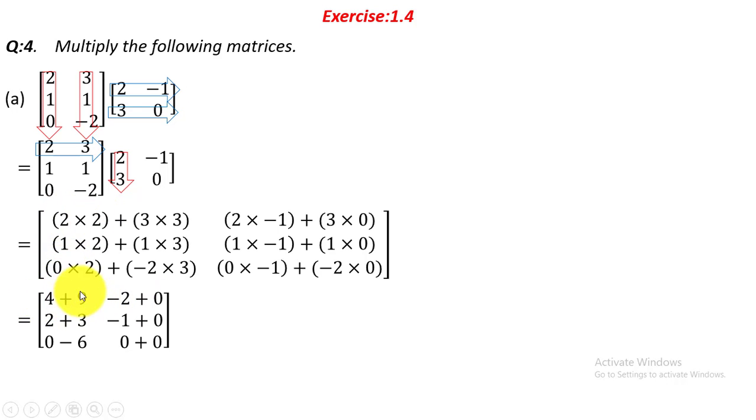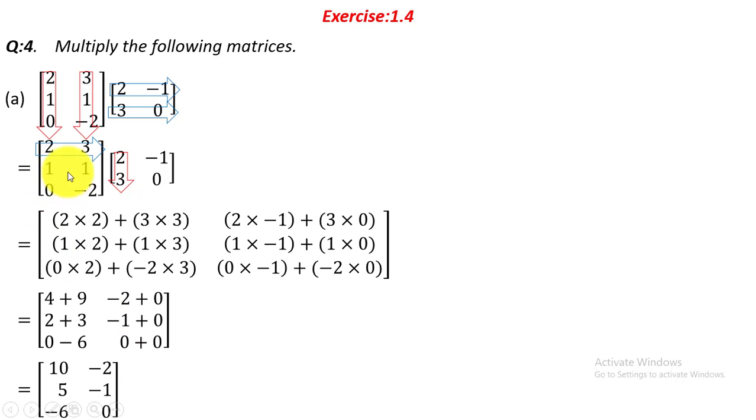2 times 2 is equal to 4 plus 3 times 3 is equal to 9. 2 times -1 is equal to -2 plus 0 times 3 is equal to 0. 1 times 2 is equal to 2 plus 1 times 3 is equal to 3. 1 times -1 is equal to -1 plus 1 times 0 is equal to 0. 0 times 2 is equal to 0 plus -2 times 3 is equal to -6. 0 times -1 is equal to 0 plus -2 times 0 is equal to 0.